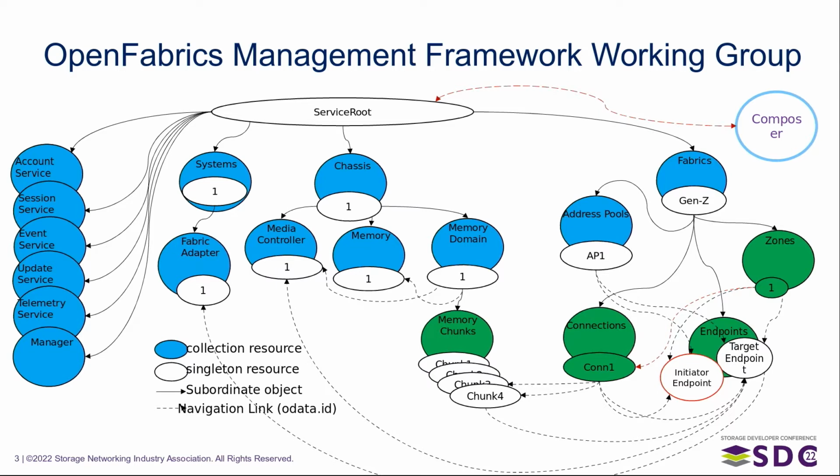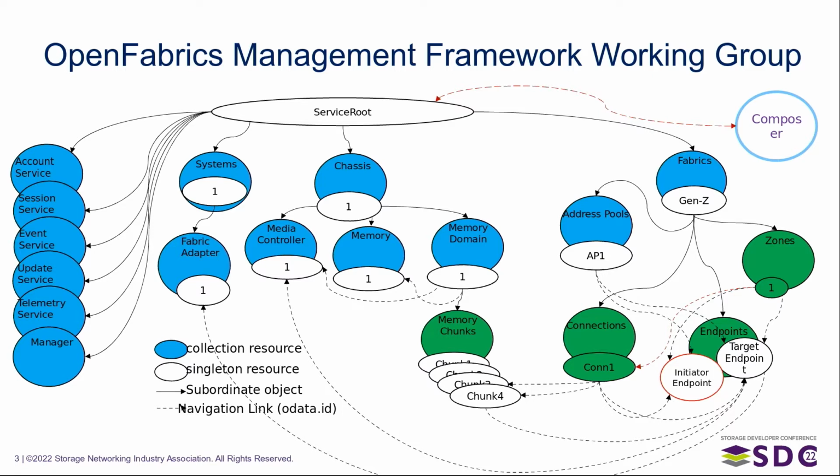A lot of the same stuff you've seen in the last two talks, just laid out a little differently. A memory component will be made up of memory chunks, and each chunk will be able to communicate using Swordfish and Redfish.